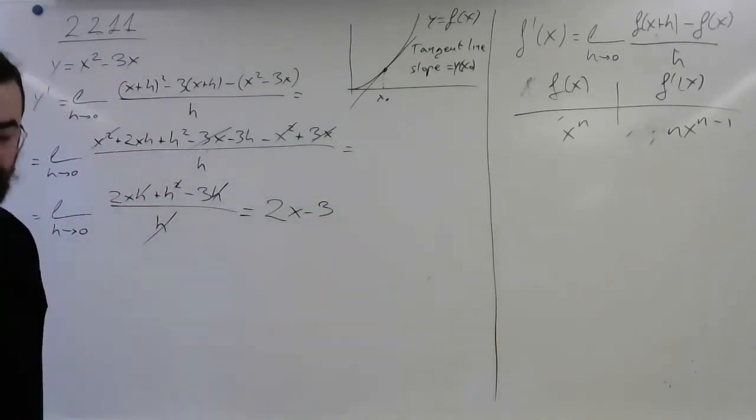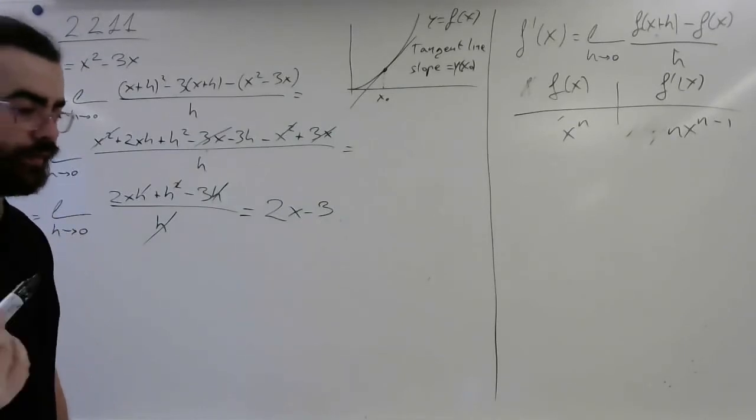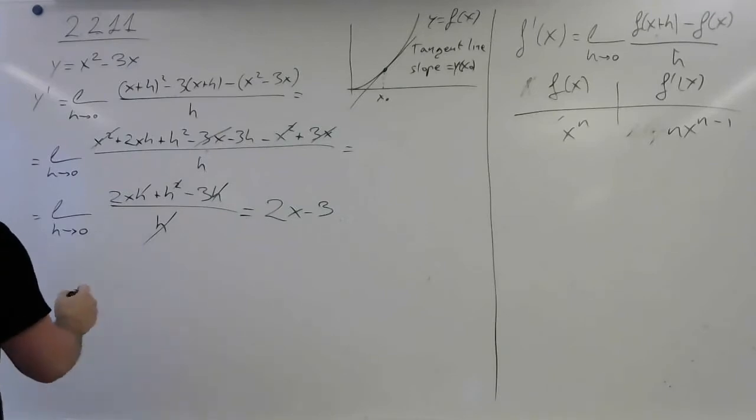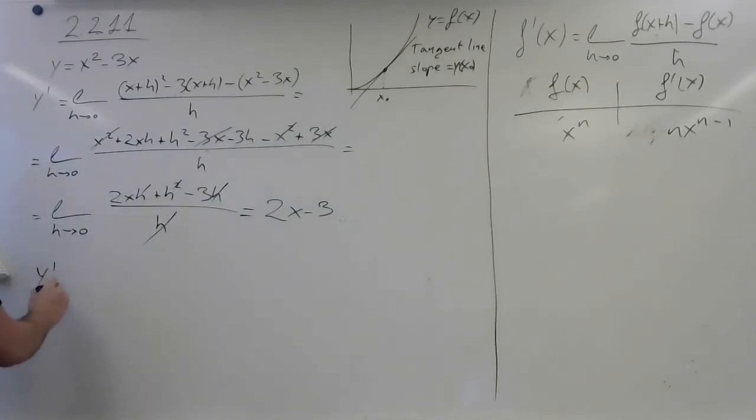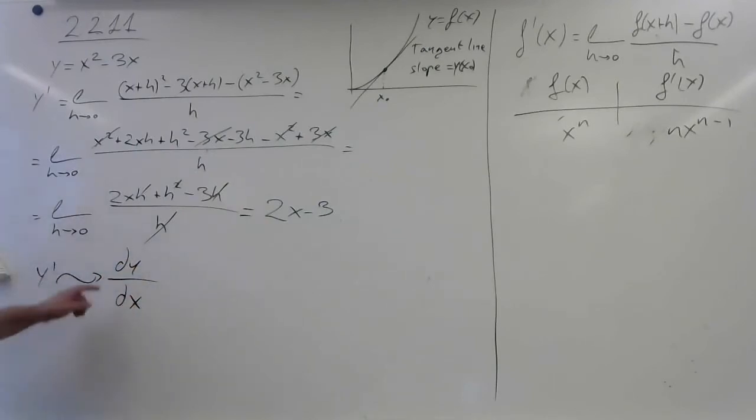Now, the exercise asks us to express this using differentials. The differential notation is the following. Instead of y prime, we say the derivative of y with respect to x. How y changes when we change x.